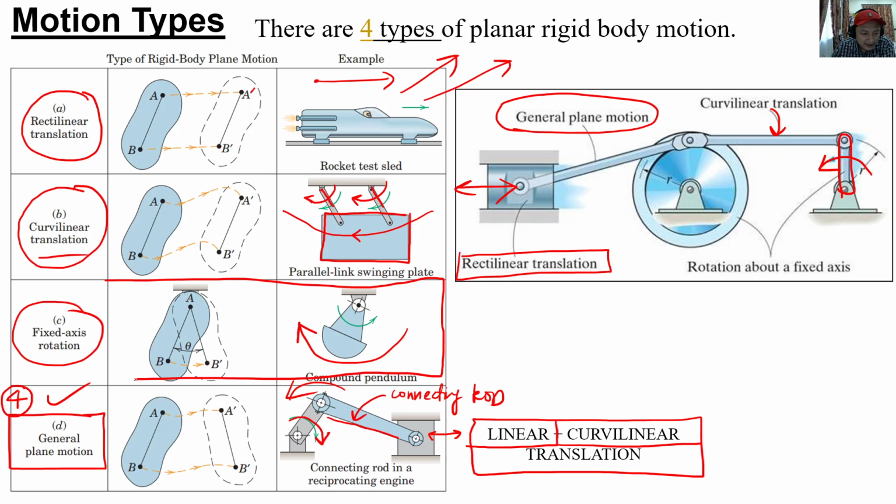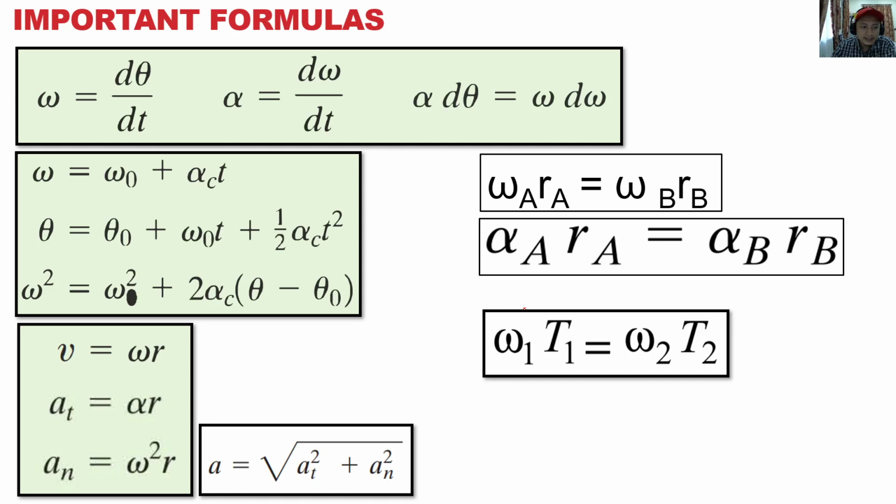We'll be learning a lot on fixed axis rotation. These are some of the formulas which are very important for you to remember. And all these things, we need to derive it, I guess. Let's derive it.